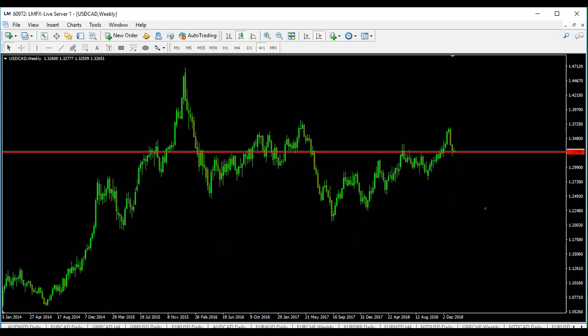So we have come up, rejected, broke through, came up, rejected, came up, rejected. We have come down, rejected, which was support, resistance, resistance, resistance, support.